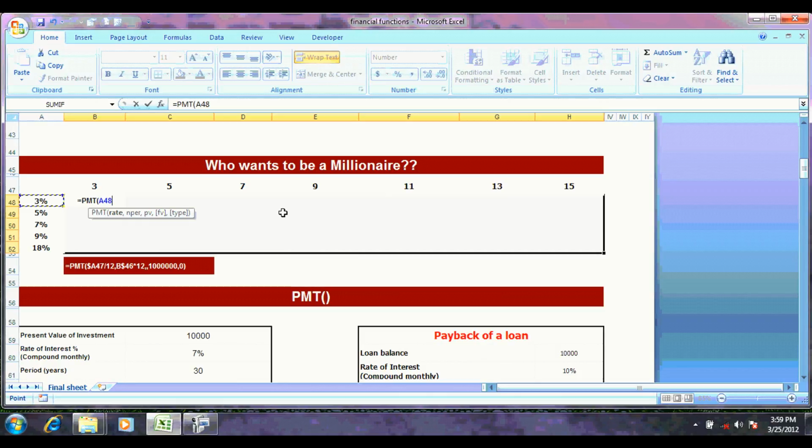Rate is this divided by 12. First we'll write a simple formula, then we'll learn about referencing and all that. NPER is the period, so this into 12. Present value is nothing, and future value is a million. 1, 2, 3, 4, 5, 6. Okay, let's just put 0. Close the brackets.